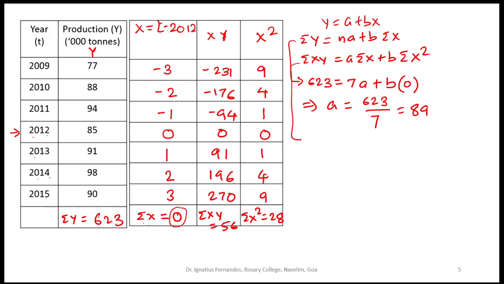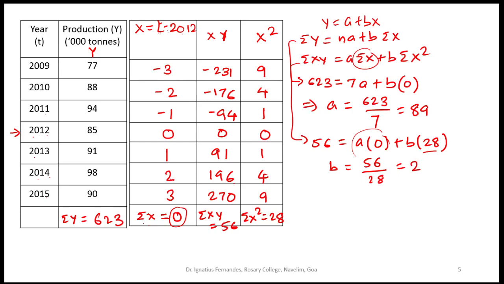So if I go to the next equation here, summation xy is 56, that is equal to a into summation x, which is 0, plus b into summation x square, which is 28. So the first term is 0 now. Here I'll get straight away the value of b, it is 56 divided by 28, that is equal to 2.